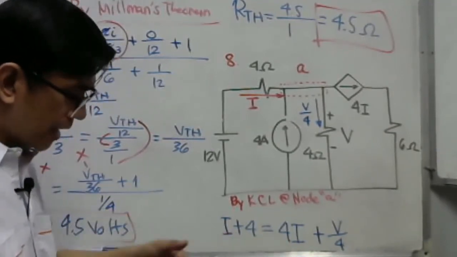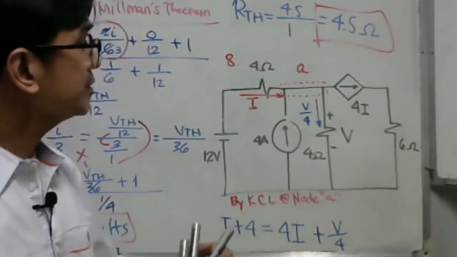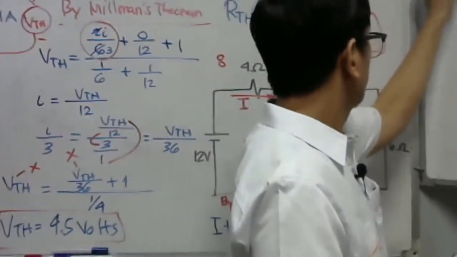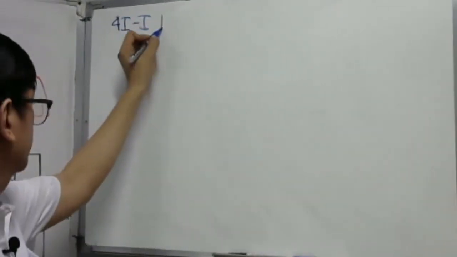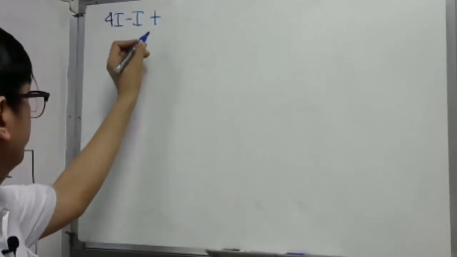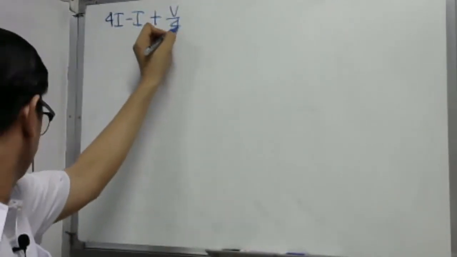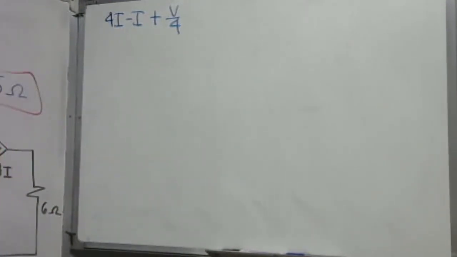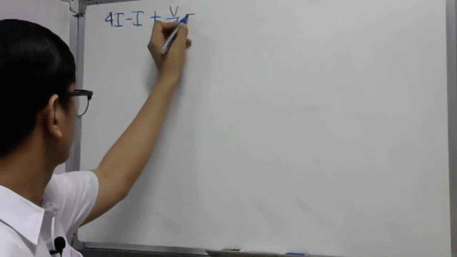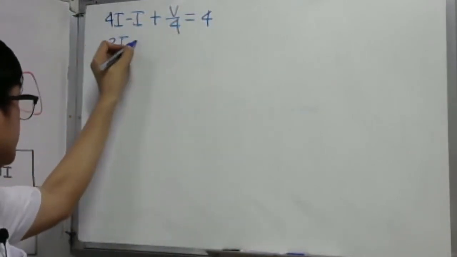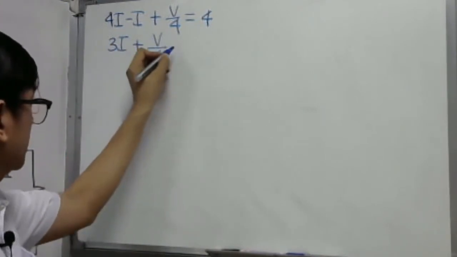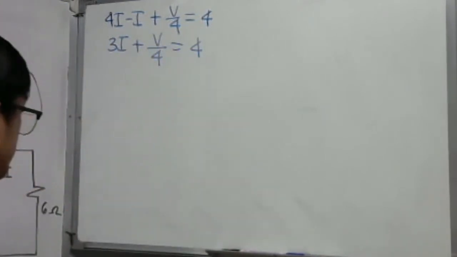So we have here 4I minus I, plus V over 4, and that is simply equal to 4. So 4I minus I simply equals 3I plus V over 4, that is equal to 4.